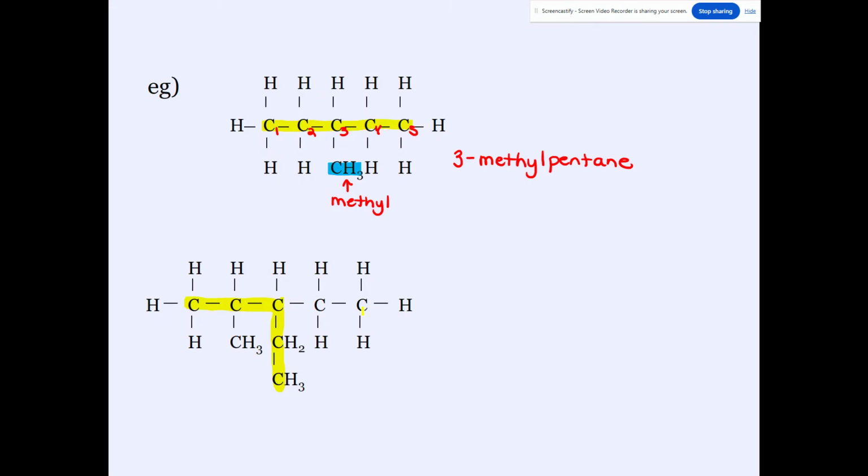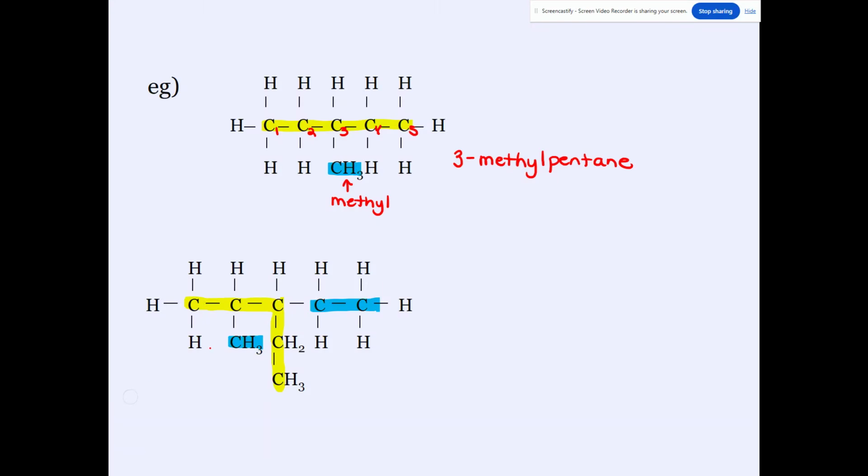Or you can go straight across, but I'm going to show you how if I bend down, I get the same name as if I go straight across, because the number of carbons is still the same length. If I bend down like this, this becomes a branch and this becomes a branch. This has 1 carbon in it, that has 2 carbons in it.